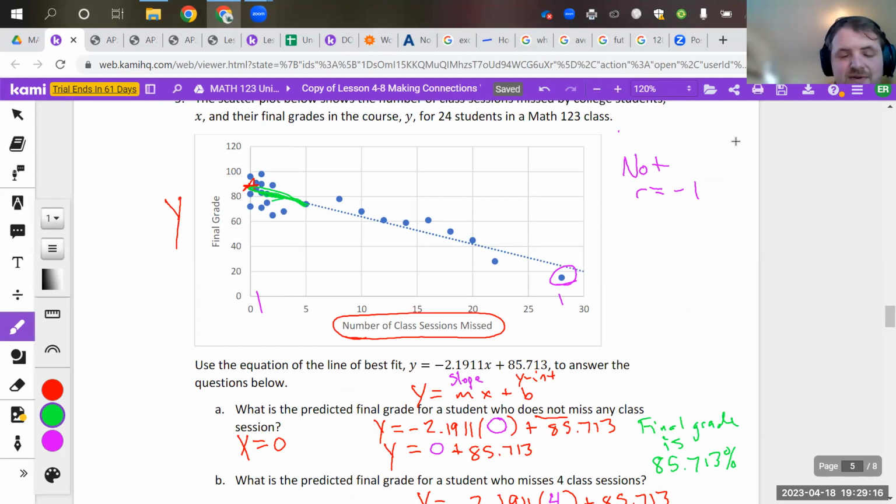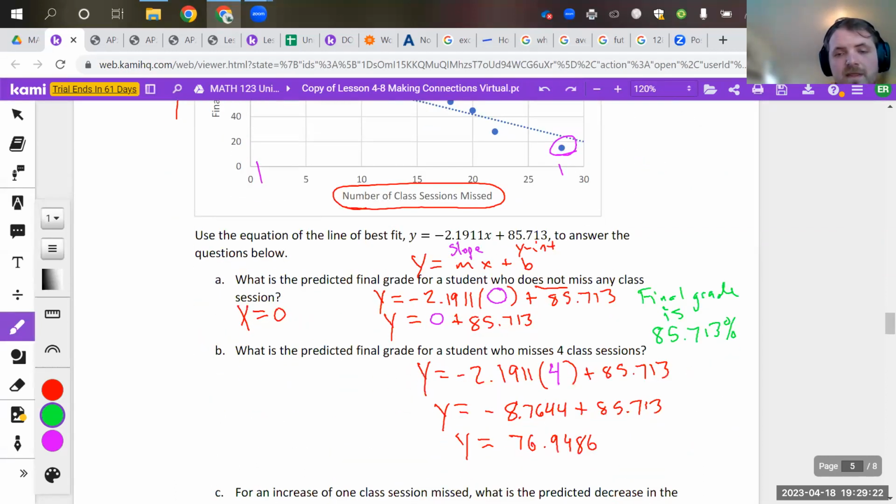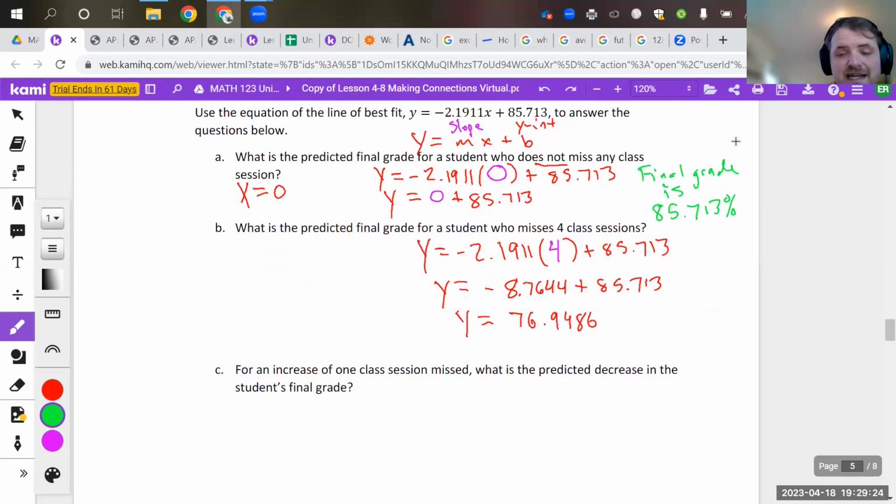But what does tell you the decrease each time is our slope. The slope is going to tell you how much it's decreasing at a time. So for every one class missed, the predicted decrease in that final grade is negative 2.1911 points or percentage points, however you want to call it. And again, we took that from the slope.